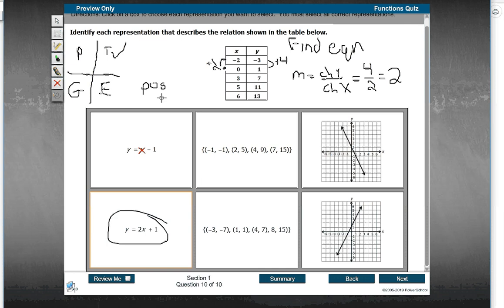Between these two, we know that this one does not have a positive slope, and so we are able to select the other as it does have the correct slope.